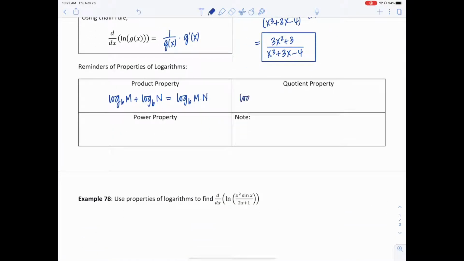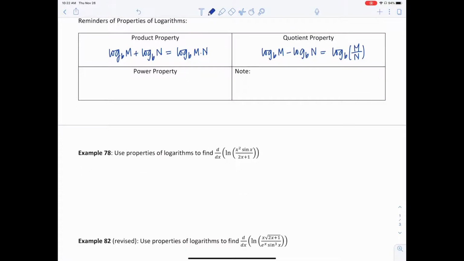Quotient property says that if you subtract logs with the same base, you can combine it into a single log with the first expression divided by the second expression. The power property of logs says that log base b of m to the n means that you can bring that exponent in front as a coefficient of the log.